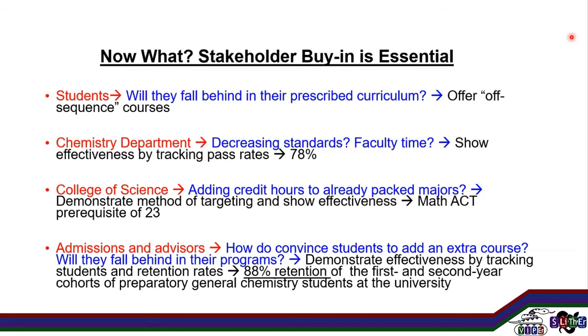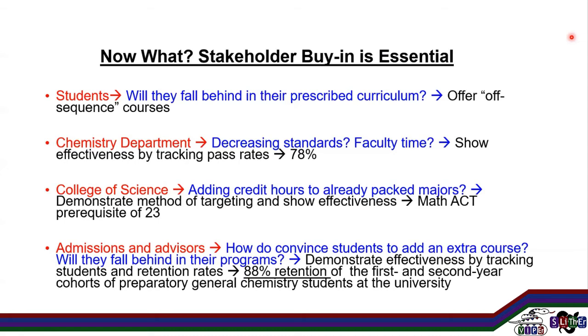I'm a biology major and I want to make sure that I graduate in 4 years. Well, what we did to offset that argument is that we would offer off-sequence courses. So Gen Chem 1 would be taught in the spring and in the summer months so that they could catch up and not lose track even with their colleagues.